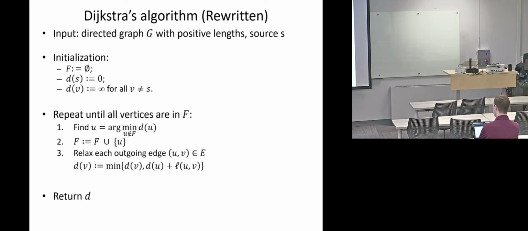And what we do is look at edges incident to it and relax all those edges. So you decrease the estimate of the node v that is incident to it, and then repeat.